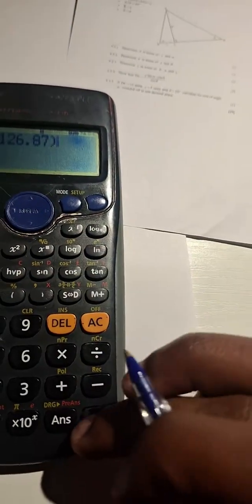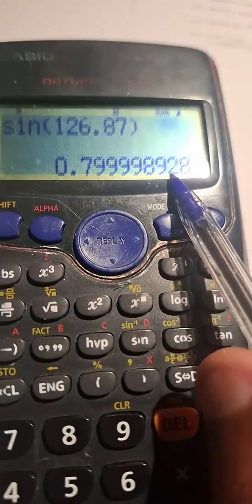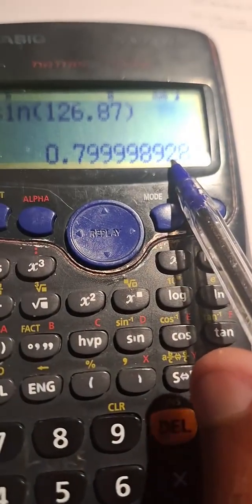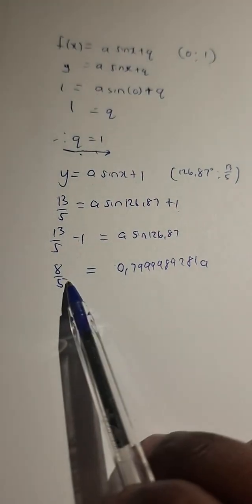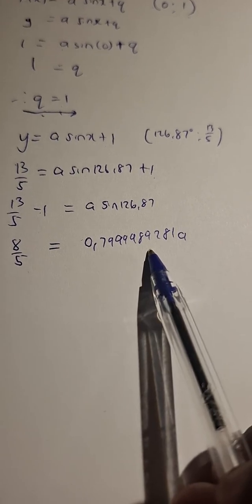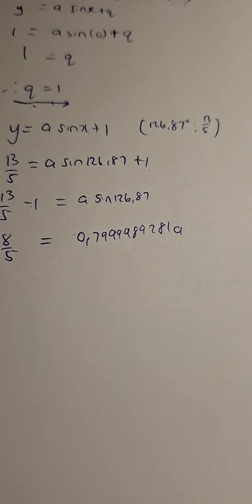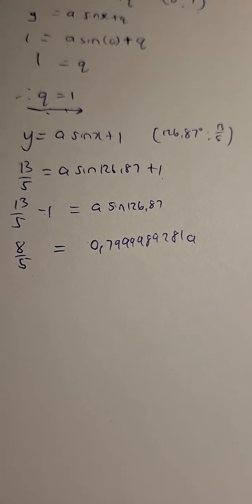There it is. Okay. So that means a times 0.79999899281. a is equal to that. Now I'm going to divide both sides by this. So that means 8/5 needs to be divided by that so that we can find what the value of a is.